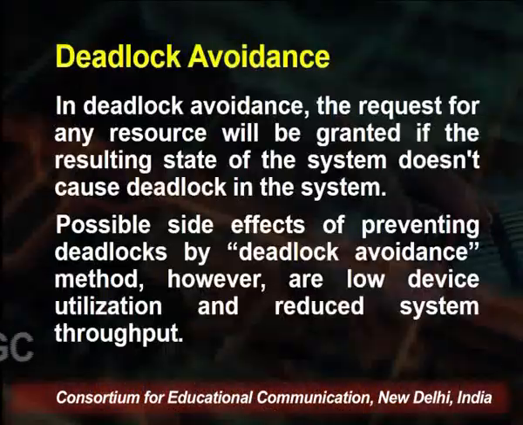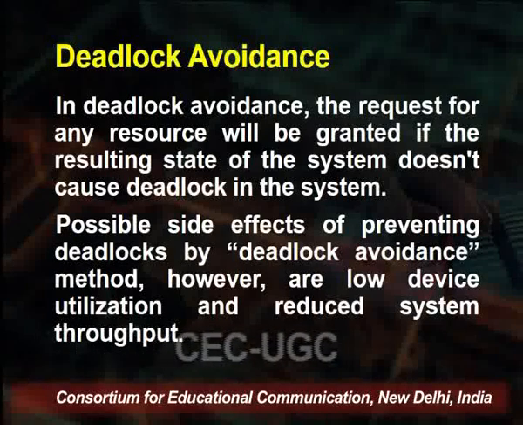Now what could be the possible side effects of this method? If we talk about deadlock avoidance, in which the request will be granted only if it is not triggering a deadlock situation, there can be 2 possible side effects. One is low device utilization, and another is reduced system throughput.